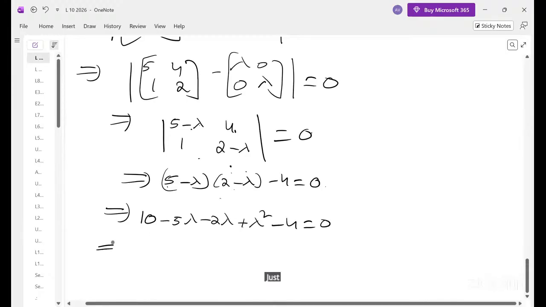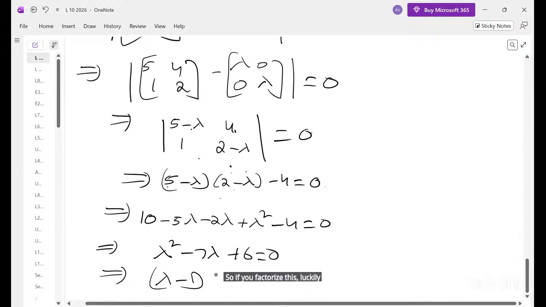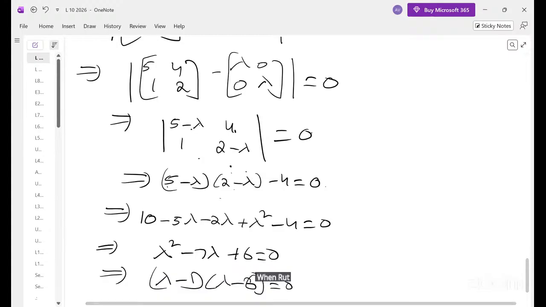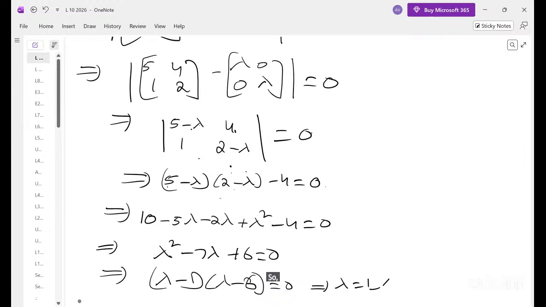Just multiply. This is lambda square minus 7 lambda plus 6 equal to 0. So if I factorize this, luckily it is factorizable. If it is not factorizable, apply your 9th class method, minus b plus or minus root of b square minus 4ac, by 2a. But here it is factorizable. So lambda is equal to 1, 6 are the eigenvalues.